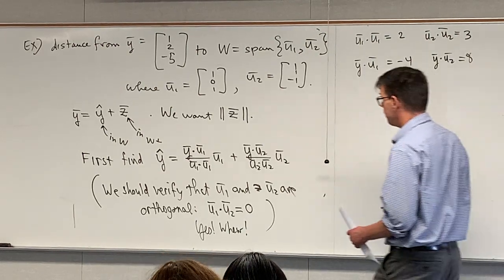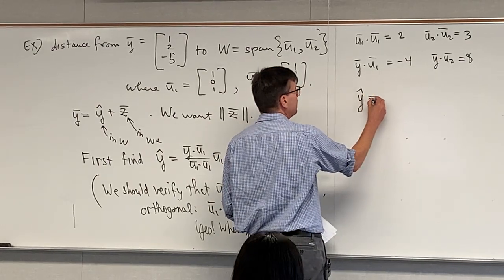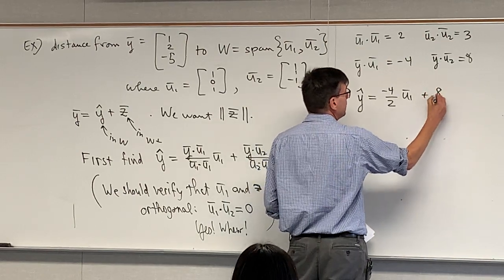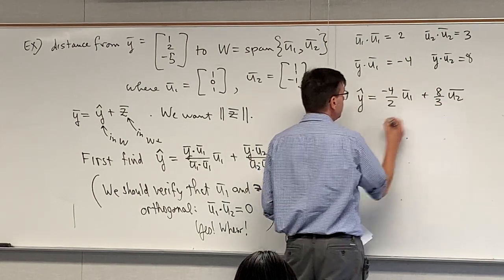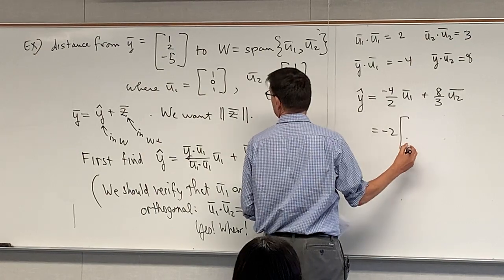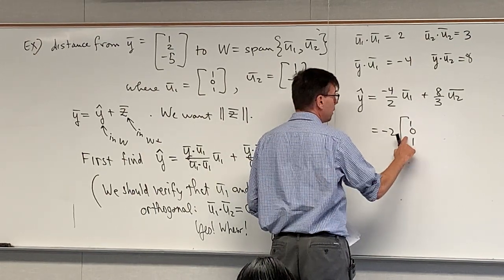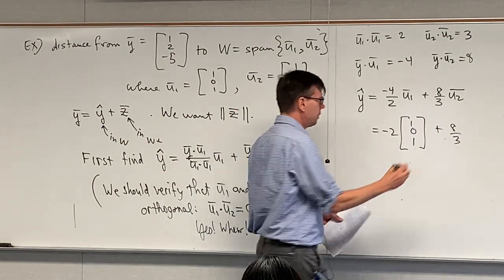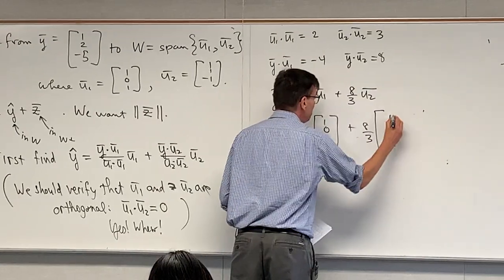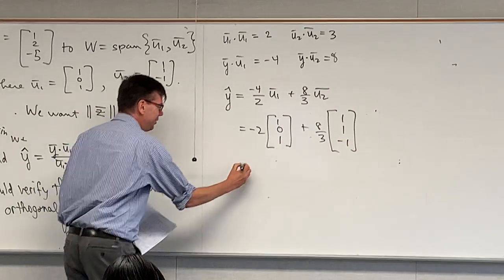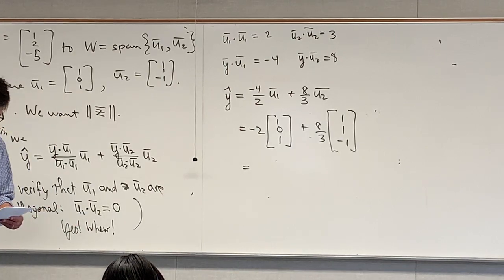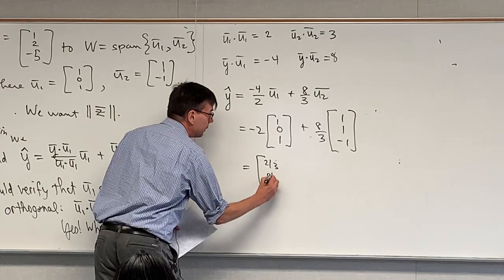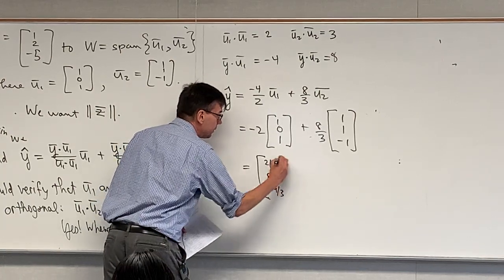So our y hat is going to be negative 4/2 u1 plus 8/3 u2. Oh, 8/3. Oh, well. Could be worse. So I'm happy to get thirds. And these add up to (2/3, 8/3, -14/3).